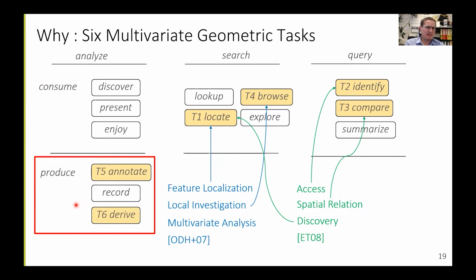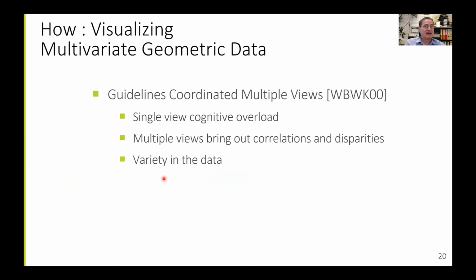And in the produce section, which we will see in the second and third use case, especially the annotate and the derive task is important. We derive in the urban planning visibility information, quantitative values, quantitative visualization, or in the geology use case, we are annotating the data.